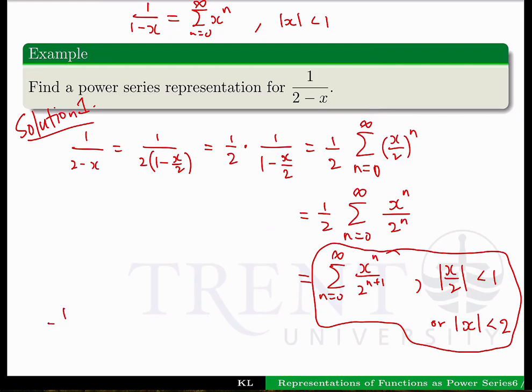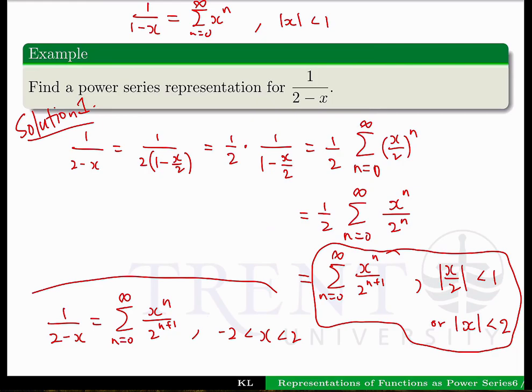Still, you got 1 over 2 minus x equals sum x to the n over 2 to the n plus 1, from 0 to plus infinity, where you got negative 2 less than x less than 2. So let us just write this.